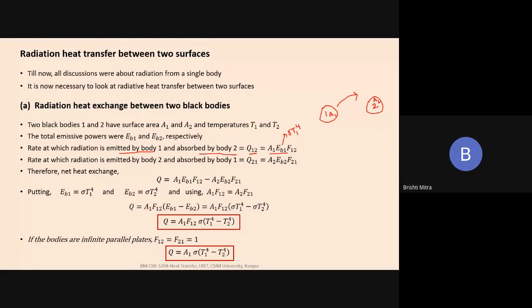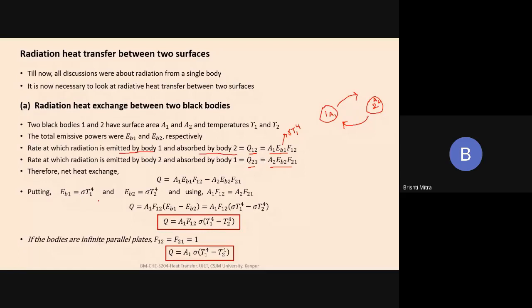And the rate at which the radiation is emitted by body 2 and absorbed by body 1 is written as Q21, and this is A2 EB2 F21. So the net rate of heat exchange is A1 EB1 F12 minus A2 EB2 F21 in that particular direction.